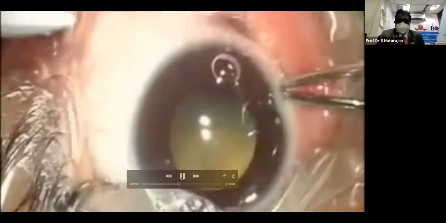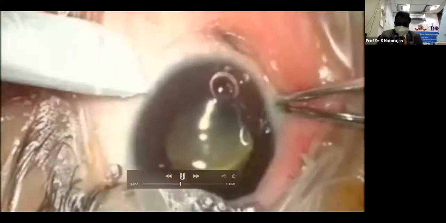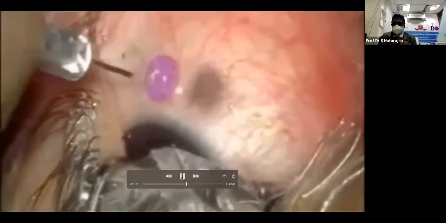Because it is a bullous exudative retinal detachment, we use the indirect ophthalmoscope, monitoring where we are placing the needle in the subretinal space, and then using the viscous fluid extractor, I will be removing the fluid. This is to make sure that whatever fluid is removed, the eye does not become hypotonous. So this is how the infusion line is placed.